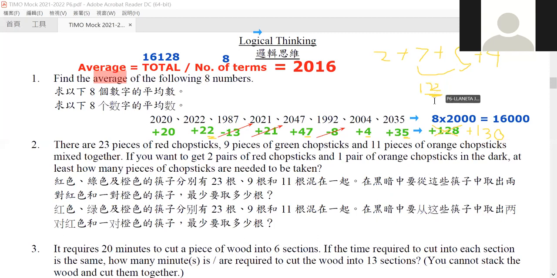Wait, what? Oh, yes, it is equal to 12. And then it will be equal to 16. Yes. And then add 2, it will be equal to 18. Right? Yes, definitely. So the sum will be 128.